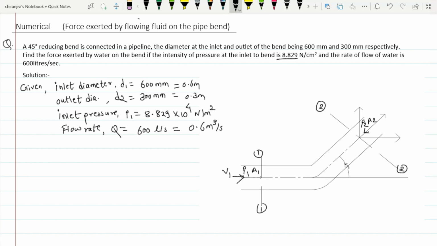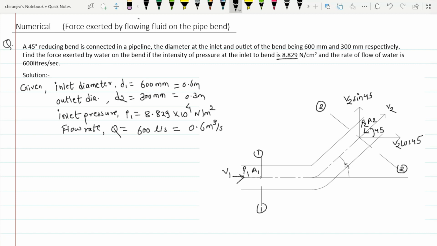Here the arrow is showing, and V2 is velocity, and we can resolve here velocity because this angle is the 45-degree. Here now we get V2 cos 45 as horizontal component of velocity, and vertical component is V2 sin 45.